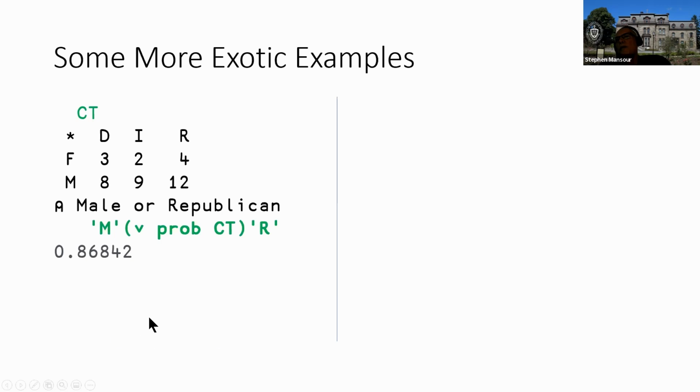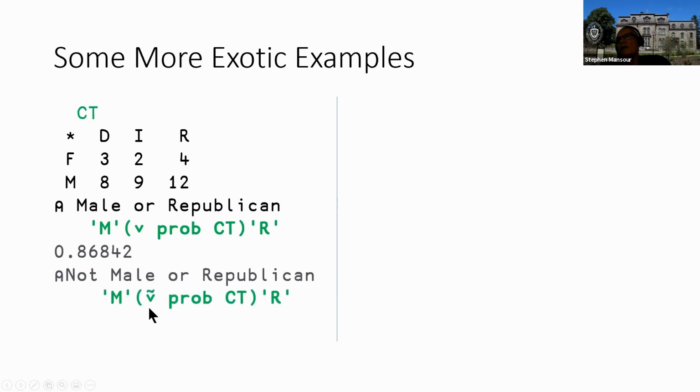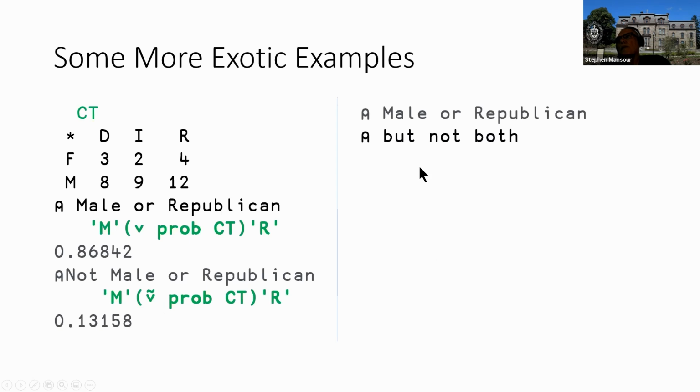But what's the probability that a student is not male or Republican? This is a more complex one. Well, I can put in not or as the left operand and get out that particular value. What's the probability that a student is male or Republican, but not both? I can use exclusive or, which is not equals, and I can get that.